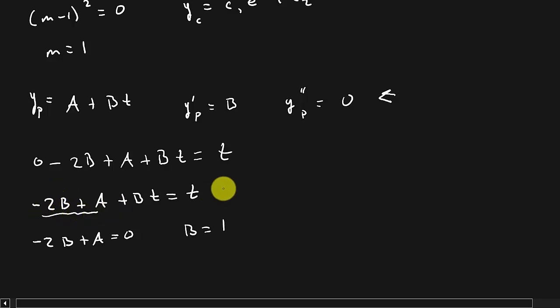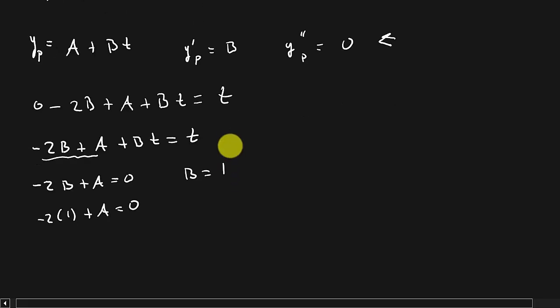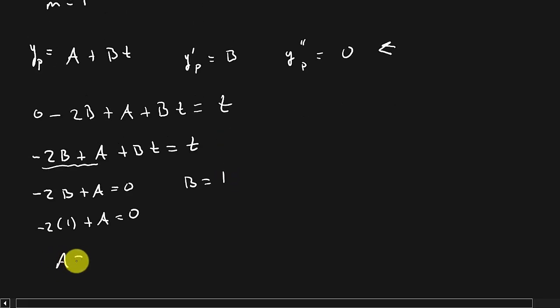I have no constant. And then this is the coefficient of t. So I've got b is equal to 1. So negative 2 times 1 plus a is equal to 0. And so that gives me a is equal to 2. And so now I get yp is equal to 2 plus t. So you plug the 2 in for a and the 1 in for b.